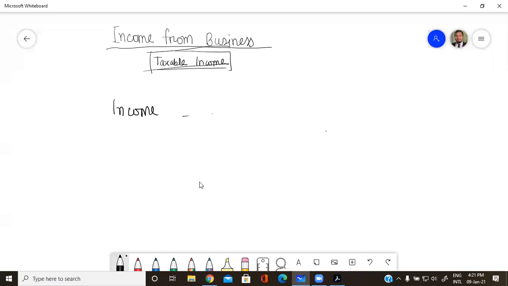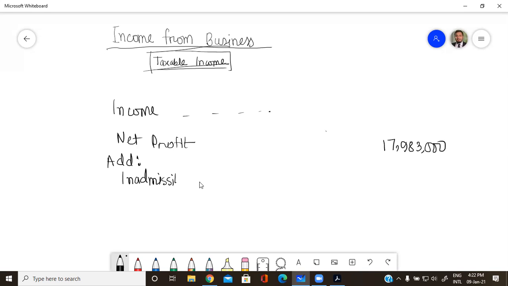Say income from business, we are doing calculation. We need to write down the net profit first, because we will make adjustment with this net profit. That profit is how much? 17,983,000. Okay, so we need to add back which expenses? We need to add back the inadmissible expenses.